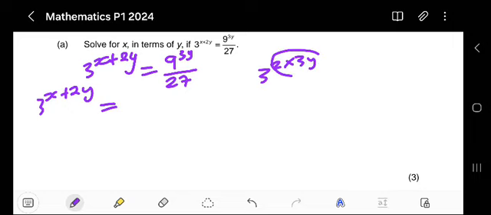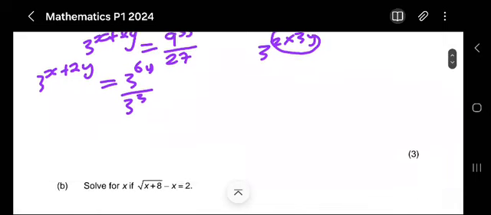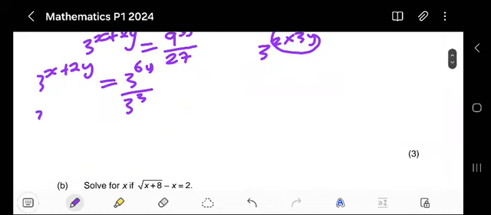This will simply equal to what? If we multiply them, it will be 6. So we will have 3 raised to the power of 6y over 27, which is the same as 3 raised to the power of 3. Then if we apply the laws of exponents, you know the bases are the same.